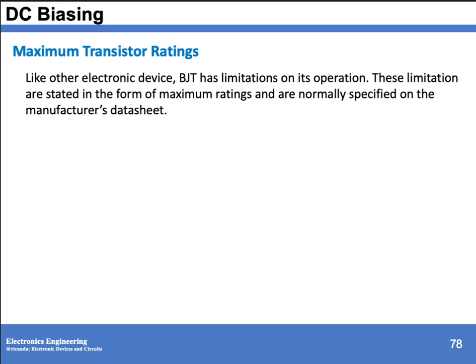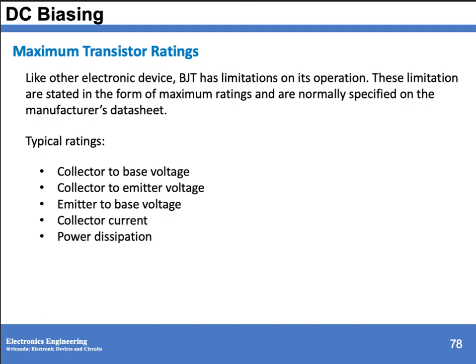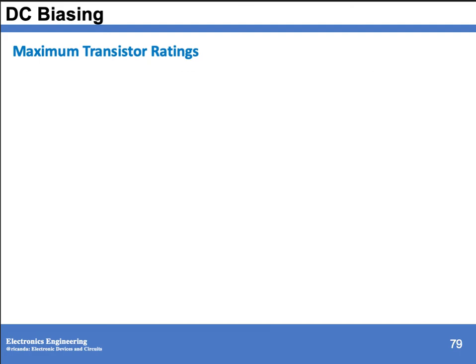The typical ratings are the following: the collector to base voltage, collector to emitter voltage, emitter to base voltage, collector current, and the power dissipation. For power dissipation, if we have to solve for power, that is equivalent to collector voltage times collector current. That is voltage times your current.